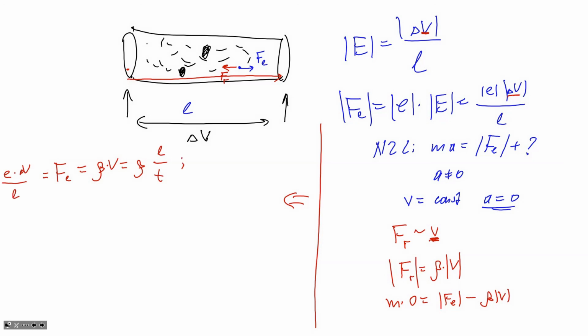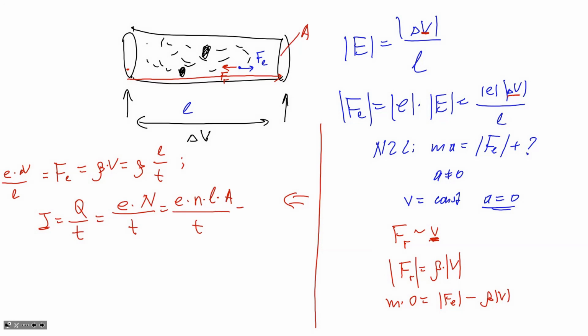However, now we can employ a definition of electric current. Electric current will be equal to, by definition, charge traveling through this wire in that time. And to calculate charge, well, we need to multiply the elementary charge times the number of electrons. And the number of electrons should be equal to the density of the electrons times the volume, and the volume will be equal to length times area.